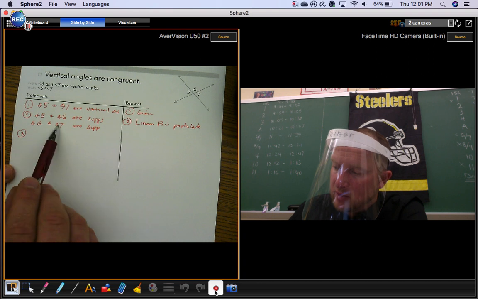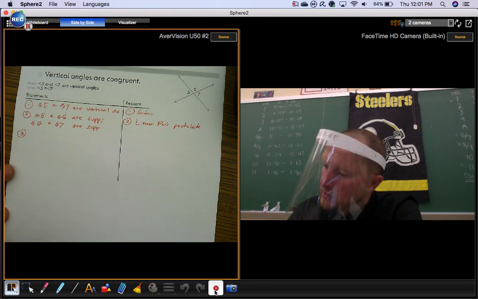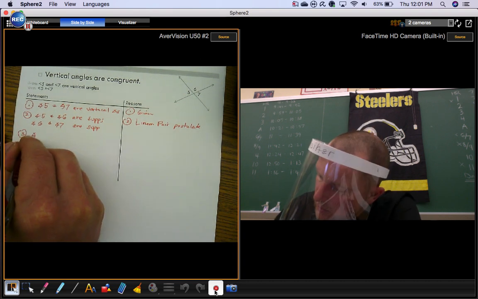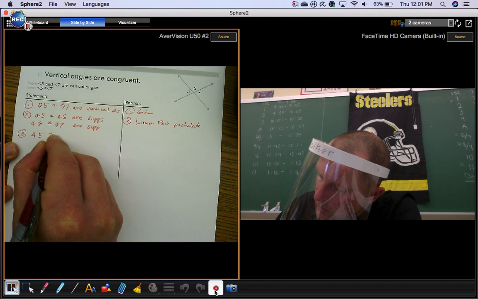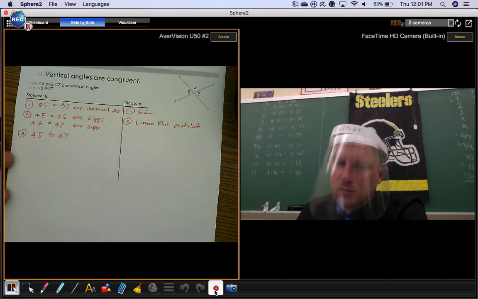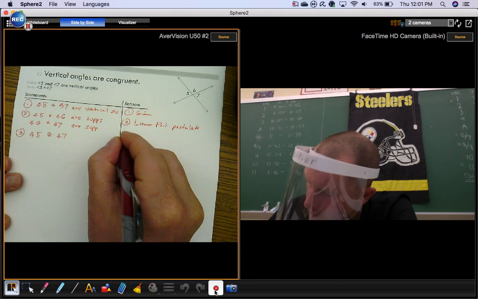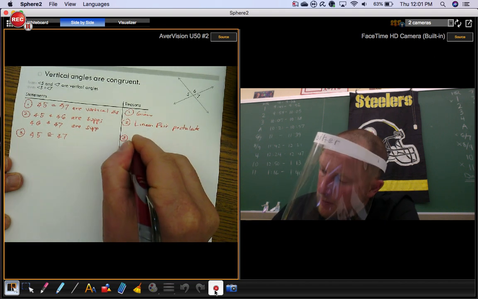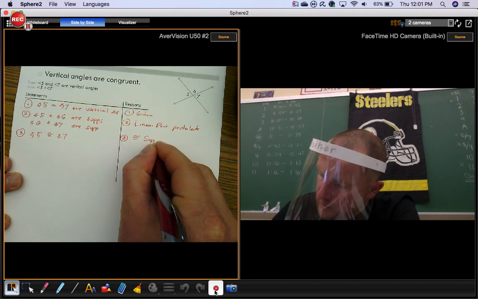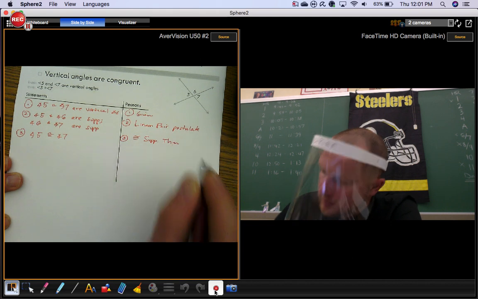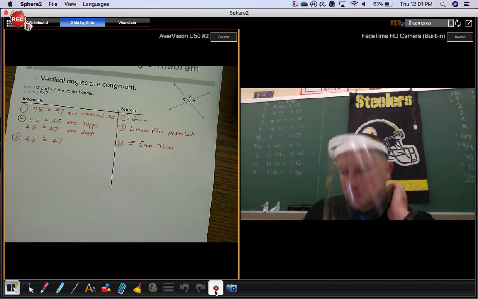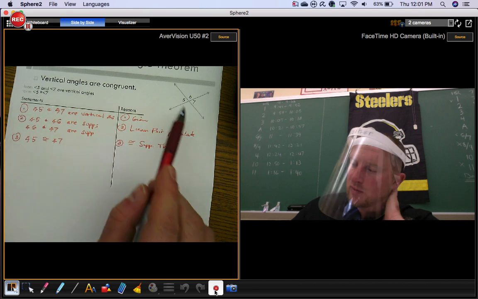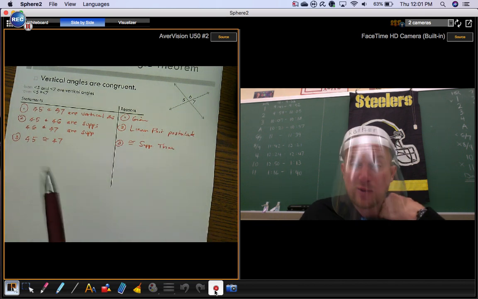So 2 angles are supplements of the same angle. What does that mean about those 2 angles? They need to be congruent, by the congruent supplements theorem. I just proved that angle 5 and angle 7 are congruent, and they're vertical angles.